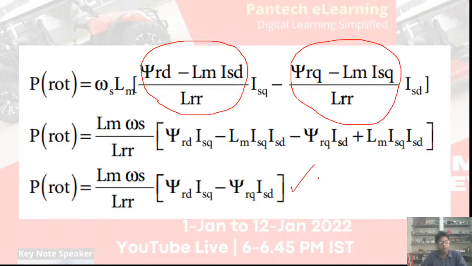Total rotational power consumed by the stator is Lm omega s by LRR into psi RD into ISQ minus psi RQ ISD. Okay, very simple mathematics.